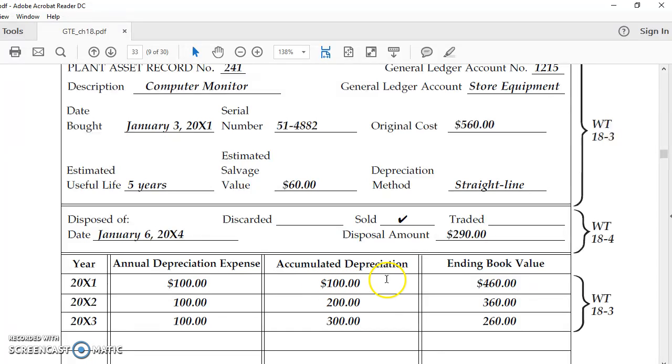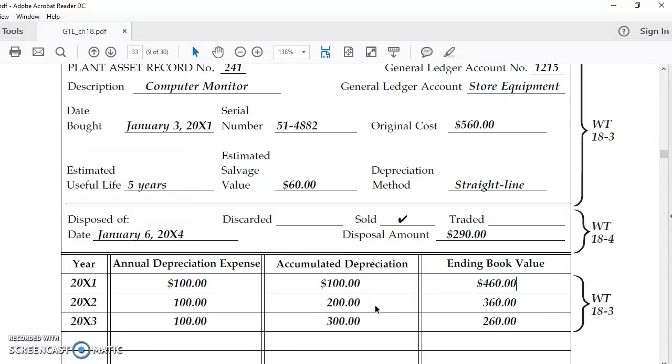Your accumulated depreciation is, once again, going to be your annual depreciation plus what you've spent in the past. So we're going to take our 560, subtract our annual depreciation to get our 460 here. Then we're going to add the two 100s to get our $200 accumulated depreciation.